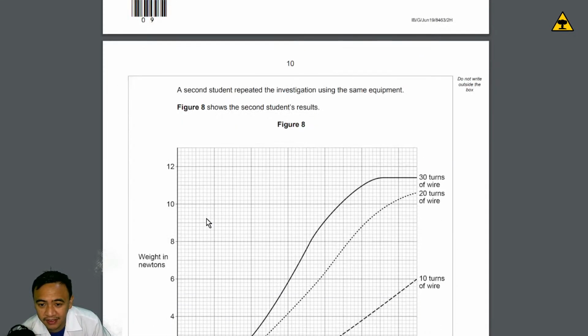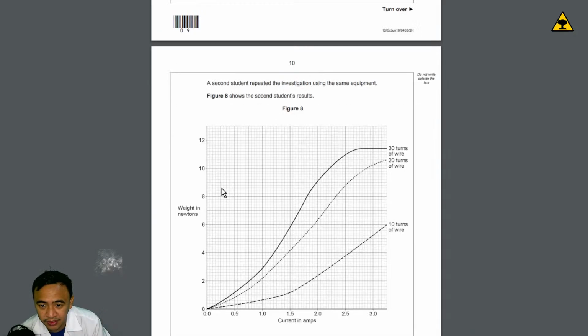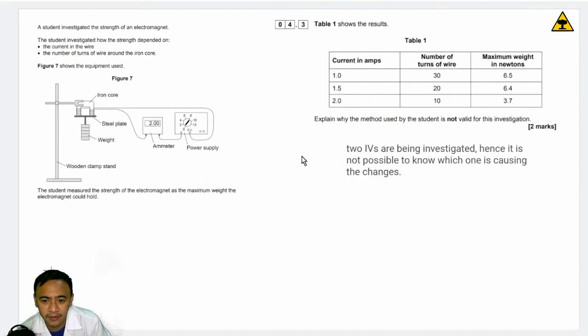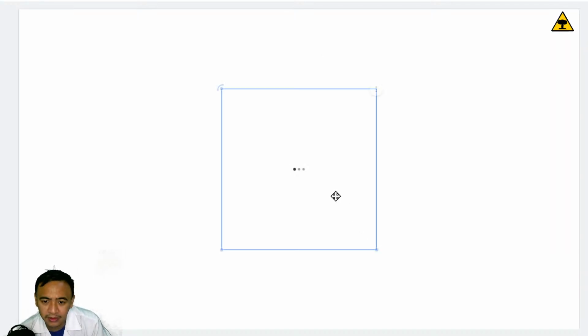Okay, so you have a second student repeat the investigation using the same experiment, and there's a graph given here. This is going to take some space, so I'll put a new board up.